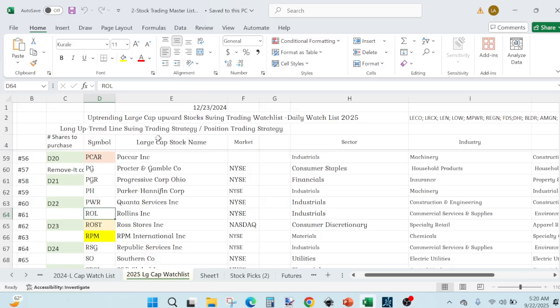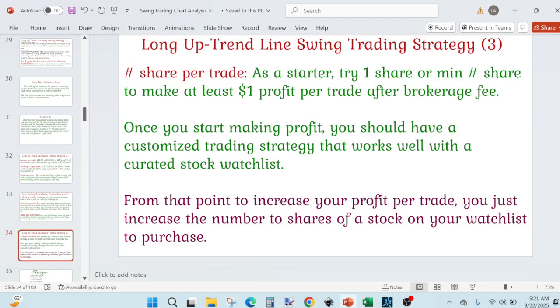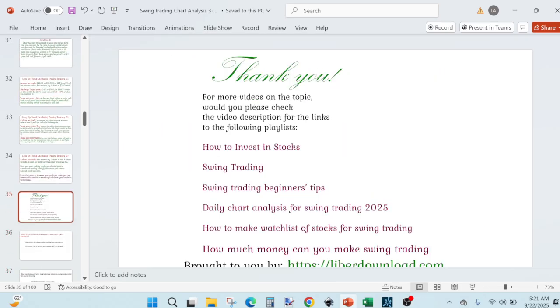to pay the brokerage fee, and to have some profit, even if it's as low as $1, it allows you to practice the strategy you are using to see if it's compatible with the stocks you have in the portfolio, in your watch list, or if you need to change some of those stocks, replace them with some others, until you find a number of stocks that are well compatible with the strategy you are using.